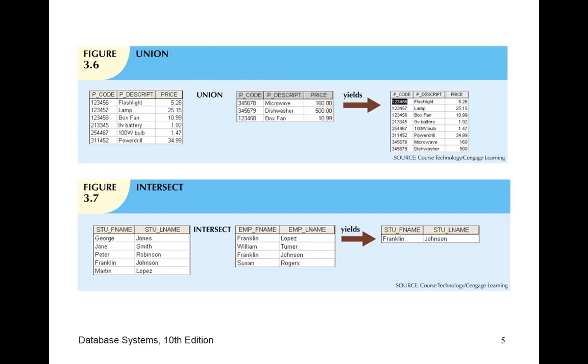This is audience participation, so I'll wait for you. Very good, DJ. What type of union will we use with that? How about a Rose State College phone book where we use student and faculty?